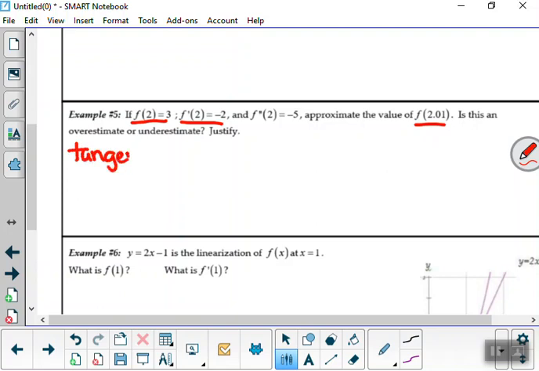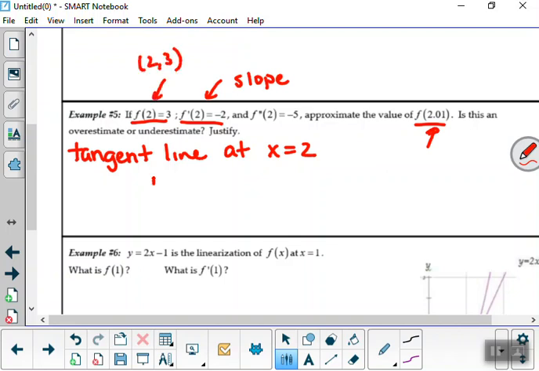I'm going to write a tangent line at x equals 2. And they just happen to have given me exactly the information I need so that my tangent line will let me approximate f of 2.01. This is given to be my slope. This is my point. So my tangent line would be y minus 3 equals negative 2 times x minus 2.